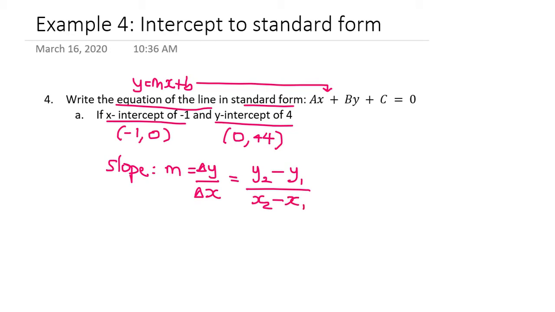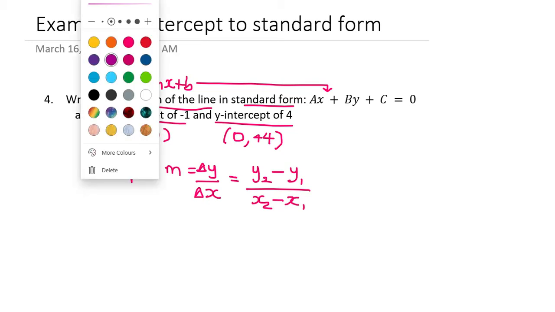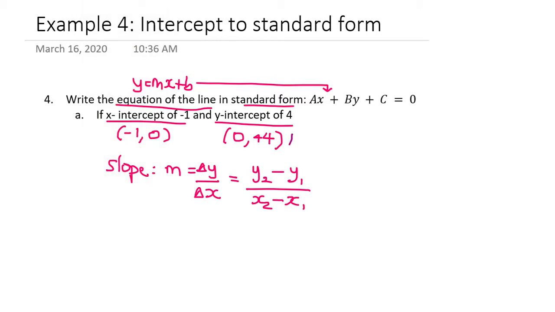So let's assign various points. We'll make this y-intercept p2, which means this will be our y2 and this will be our x2, and this will be our p1, that is point 1, where this point on the graph has x1 equal to -1 and y1 equal to 0.